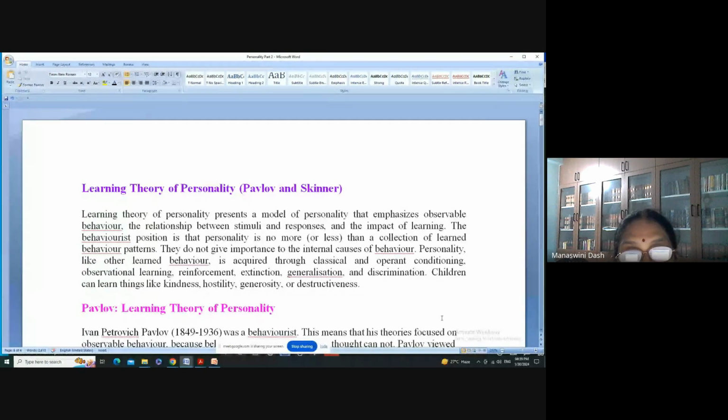So there is nothing internal. He has learned the behavior through reinforcement, and personality is just a set of habits, learned habits, we can say.